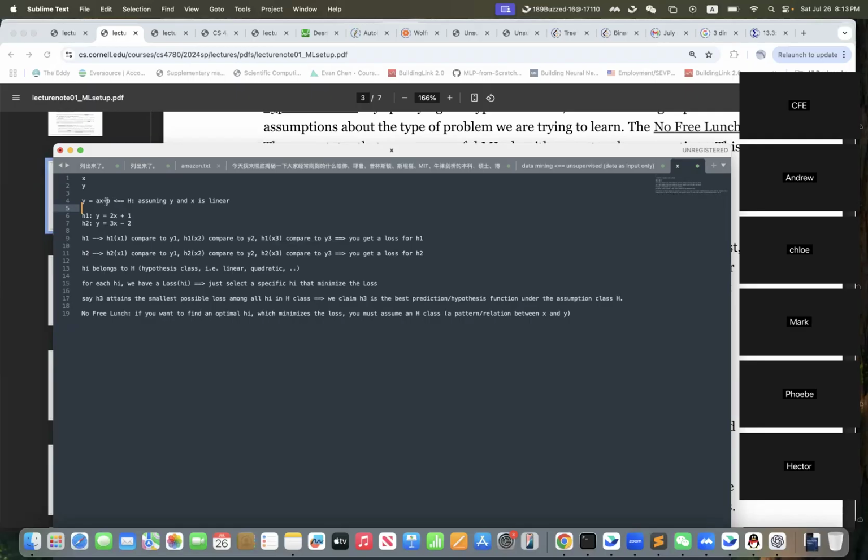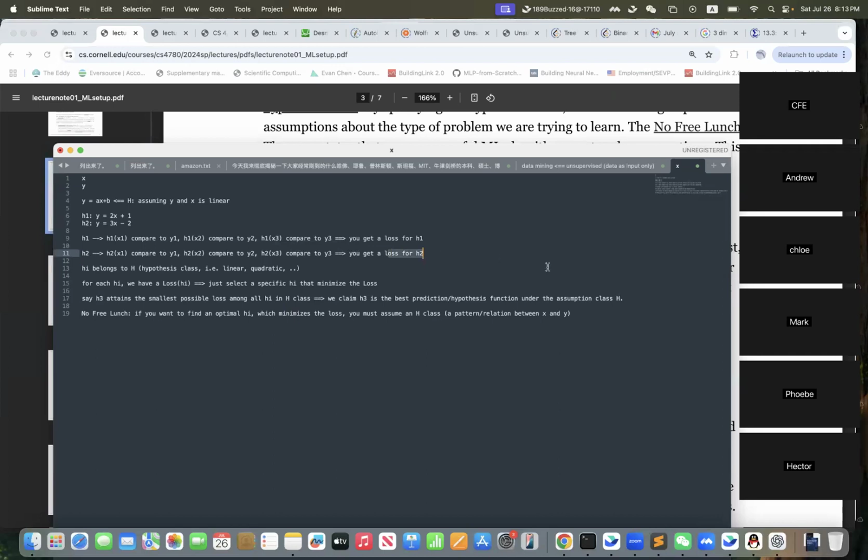We just want to set a value for A and a value for B to minimize the loss, right? To minimize the loss, we can of course take derivatives with respect to A and with respect to B, and we will find the values of A and B that minimize the loss. It's just that simple, right?